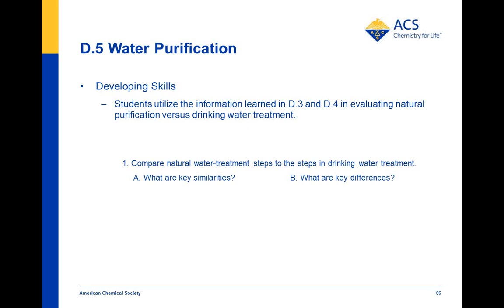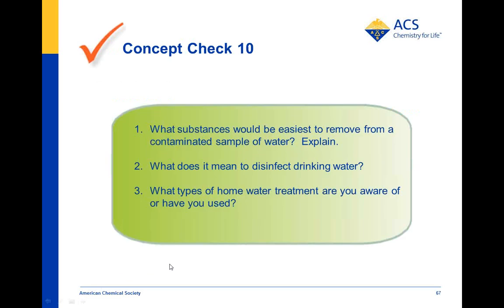They're reviewing and going back to solubility and ions, and how you could remove different contaminants based on what you know about water purification. Another short concept check. What can we easily remove from contaminated water? What's disinfecting, and how is water treated at home?